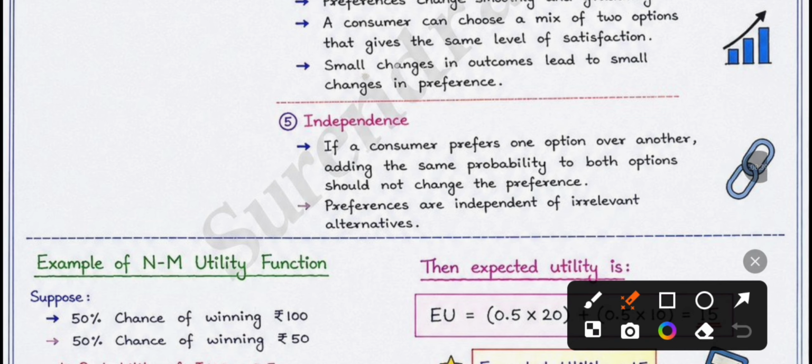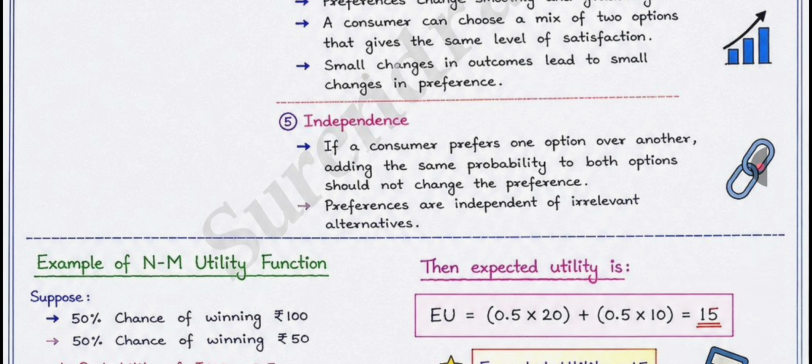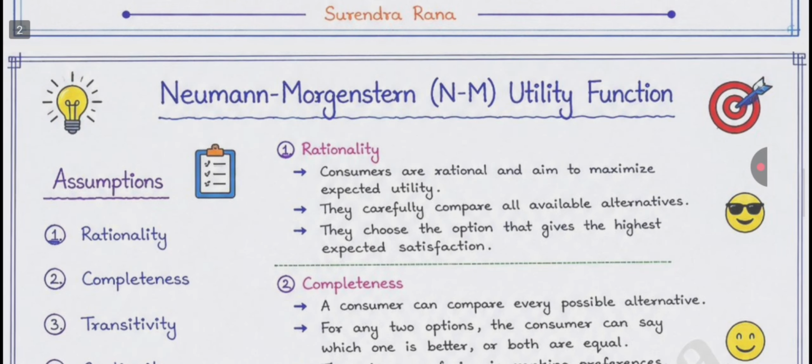Independence means the choices between two alternatives should not be affected by irrelevant options. Consumers focus only on the alternatives that matter. This is all about the assumptions of the von Neumann-Morgenstern, otherwise known as the NM utility function.